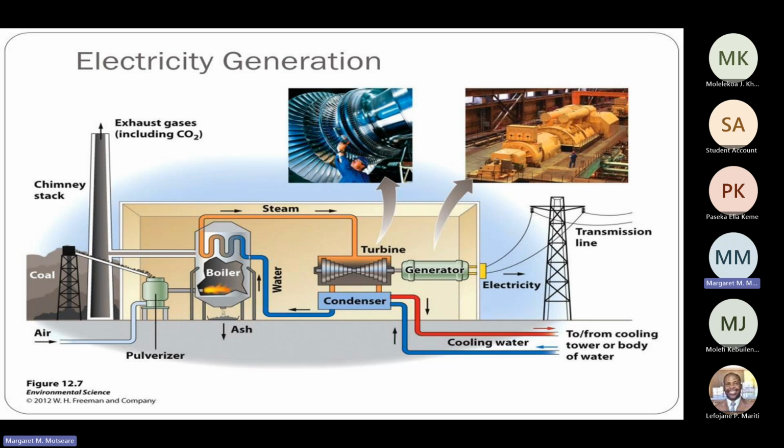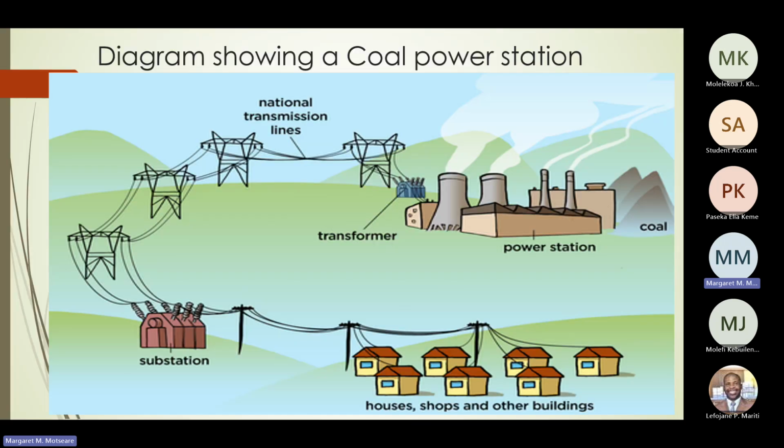So after electricity is generated, it moves from the power station and goes to the transformer. But the voltage here is very, very high. And then it goes into the national transmission lines. It moves through the lines into the substation. From the substation, here we have a step-down transformer.